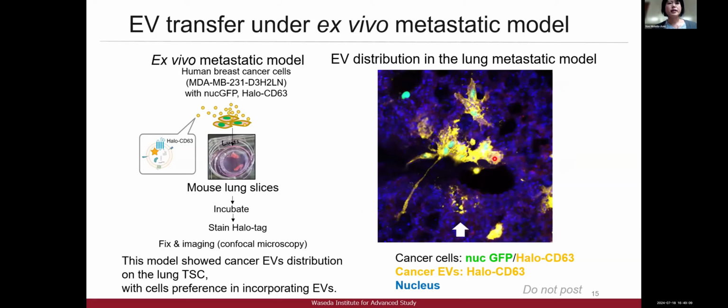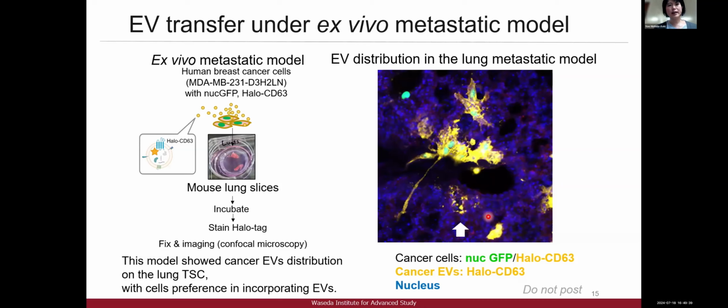You can see a lot of cancer cells located here, but there are several EVs surrounding them, and these cells from the lung slices are preferentially incorporating these cancer-derived EVs. So currently, I am trying to identify which cell types are preferentially incorporating the cancer EVs.